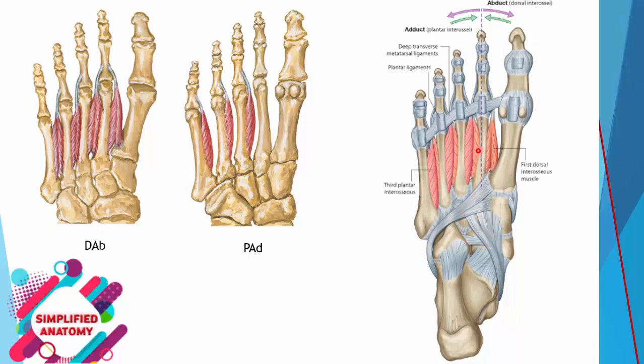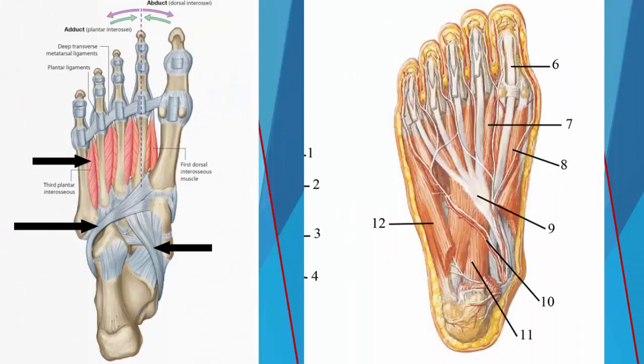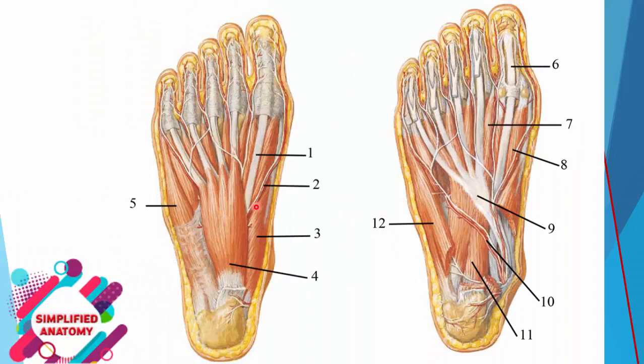And there are dorsal and plantar interossei. These are plantar interossei, which produce adduction, and these are dorsal interossei, which produce abduction. So in the fourth layer, there are two tendons, tibialis posterior and peroneus longus, and two muscles, plantar interossei and dorsal interossei. Try to answer.